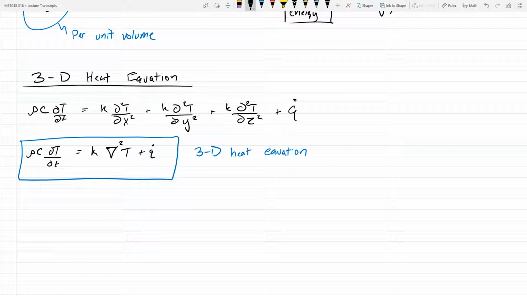Which is why you go from this discrete volume, which we were able to divide out, to this continuous equation that applies everywhere inside of any volume, because it applies at each point independently. So now we've gone from the system control volume approach to a differential equation approach.